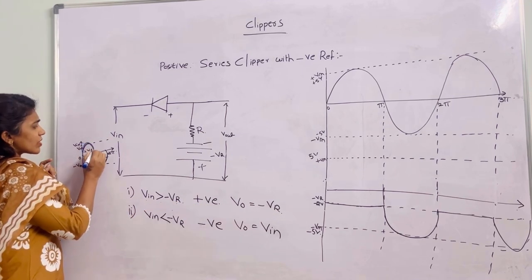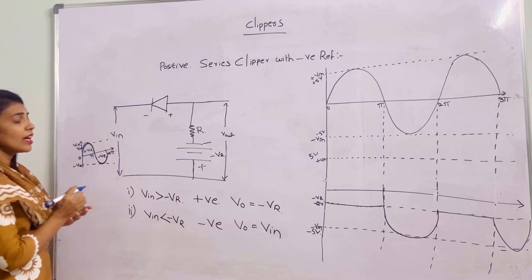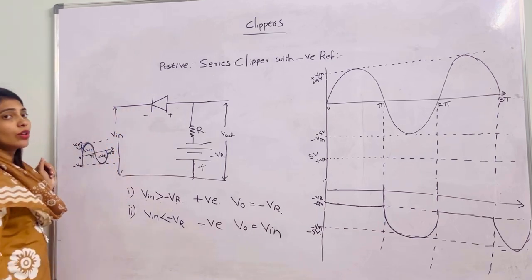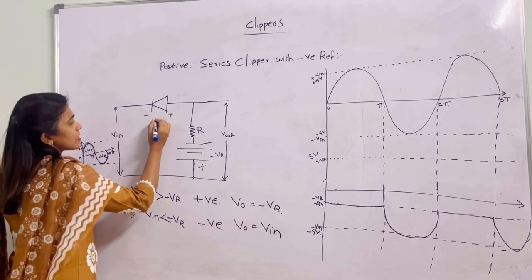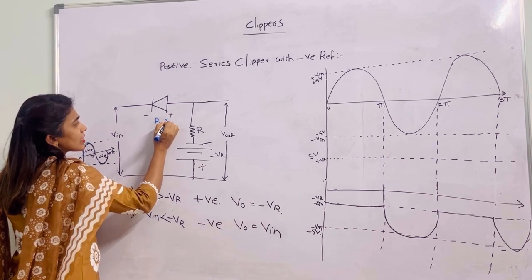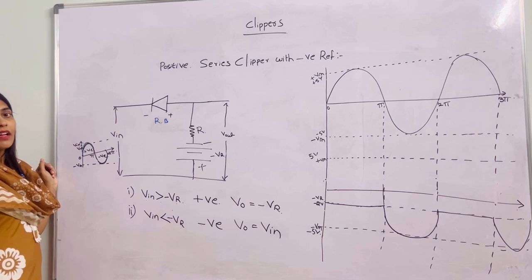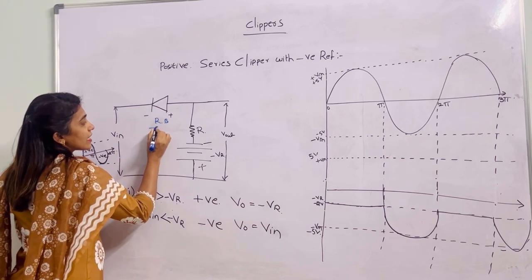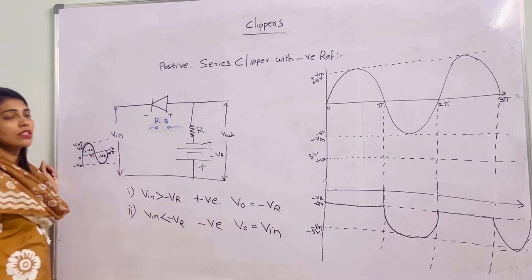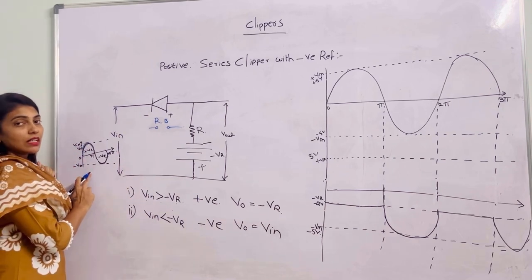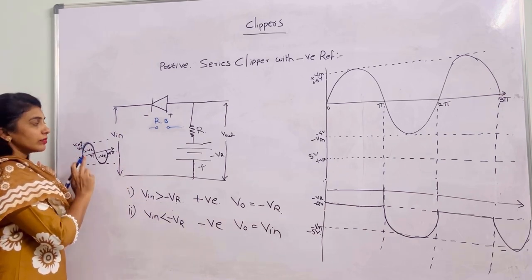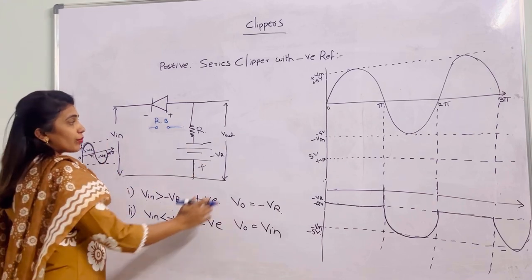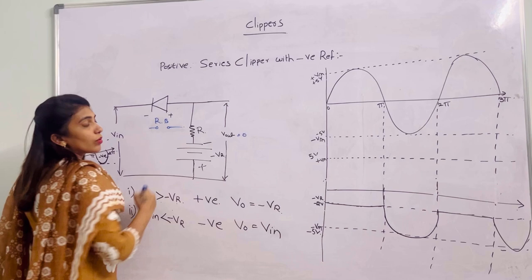So when a positive signal is given to this diode, the positive is going to the negative terminal of the diode, right? Then this diode is in reverse bias condition. In reverse bias condition, it acts like an open switch. So the input signal is not allowed from input to output side, so obviously the output is equal to 0.